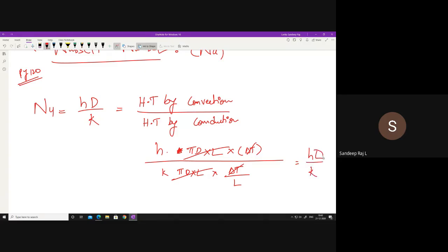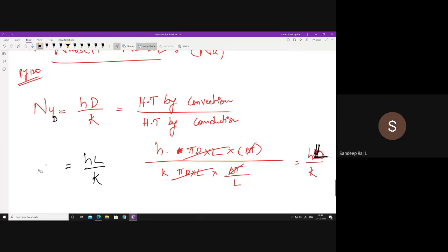Or based on the significant dimension, you will take this as D also. So you put it as L itself, that will be more comfortable to you. It can be both hD by k, or it can also be hL by k. If I'm writing Nu subscript D here, it is given in the data book, that means hD by k.